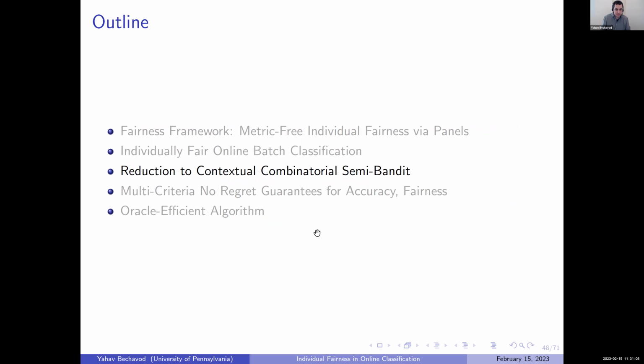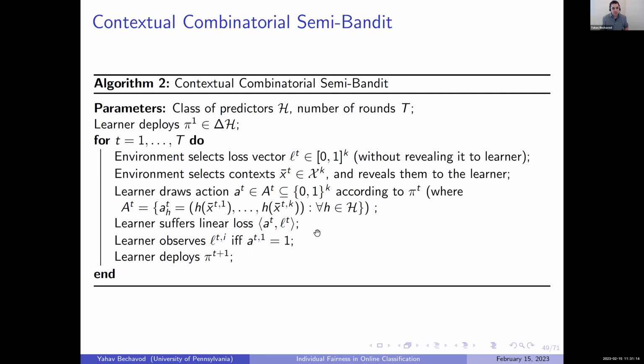All right, so at the heart of the paper is this reduction. First of all, the contextual combinatorial semi-bandit, I'll just present it in a few words. This is basically a setting where you have a loss vector in k coordinates, and you have k individuals that arrive, and the learner draws an action. In the contextual version, according to the hypothesis class, each of these vectors of k entries is 0, 1, according to invoking this base predictor on the k arriving individuals.